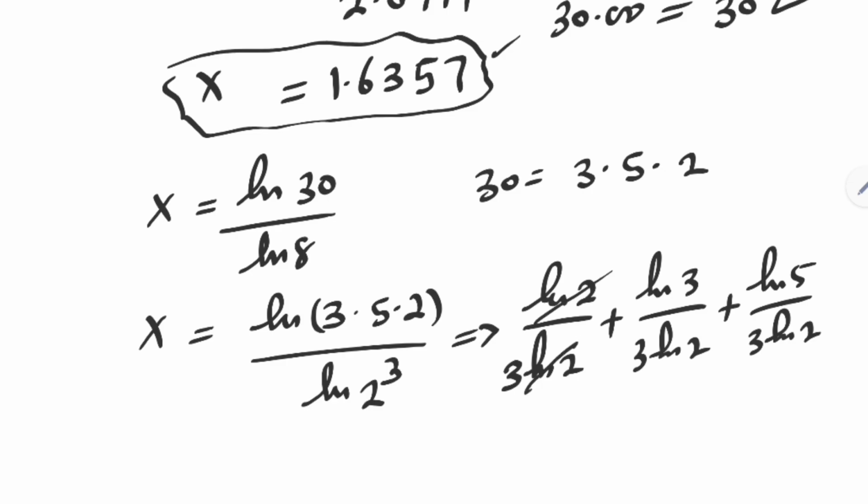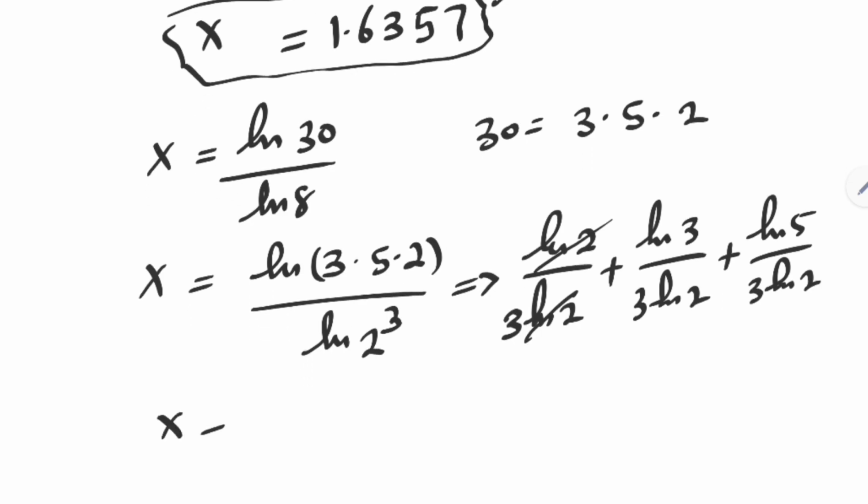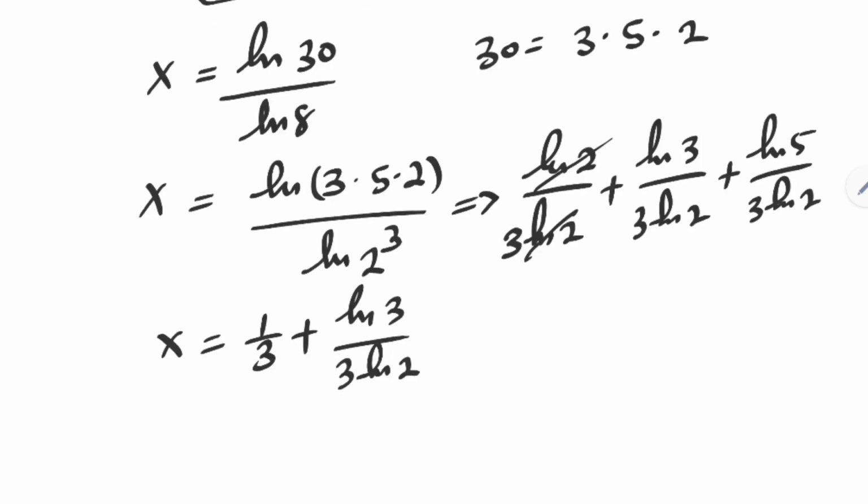This cancels this. x is equal to 1 over 3 plus ln of 3 over 3 ln of 2 plus ln of 5 over 3 ln of 2.